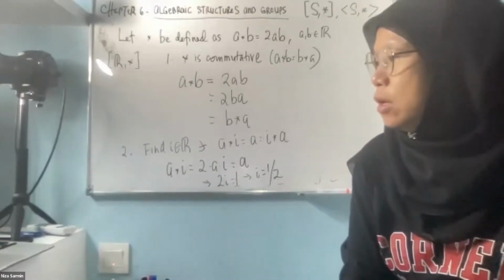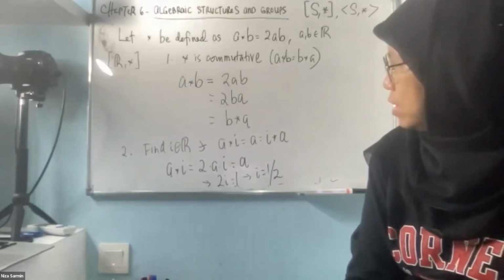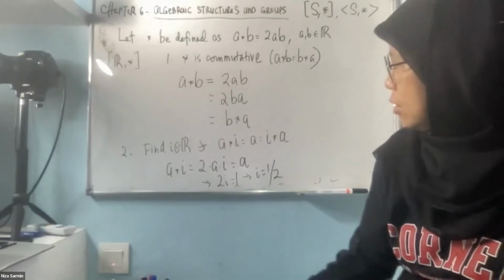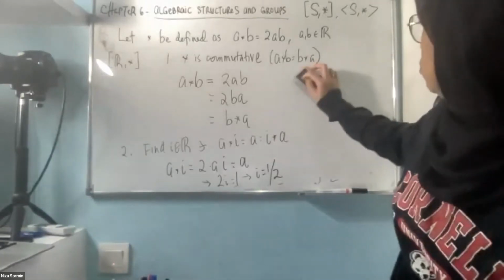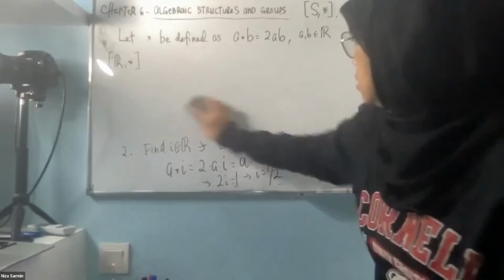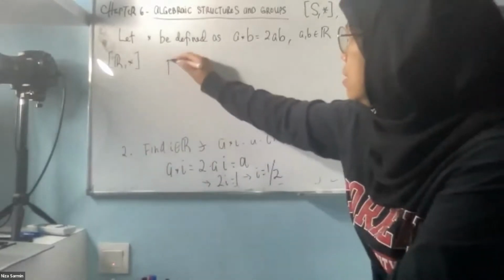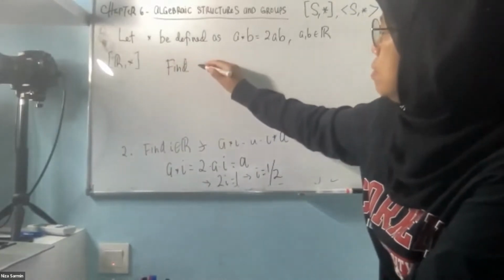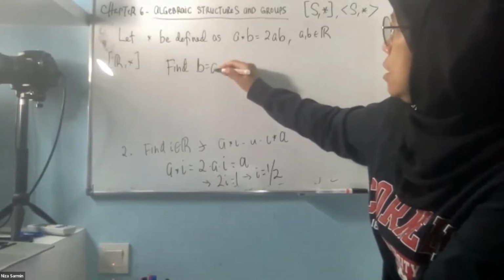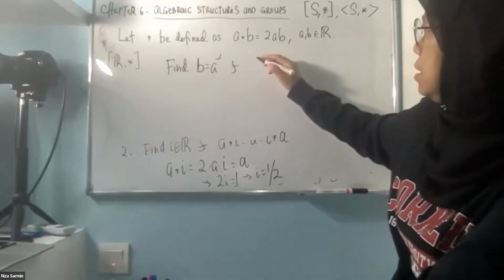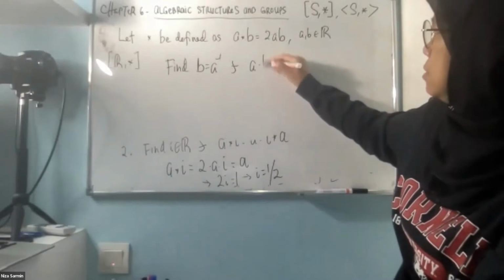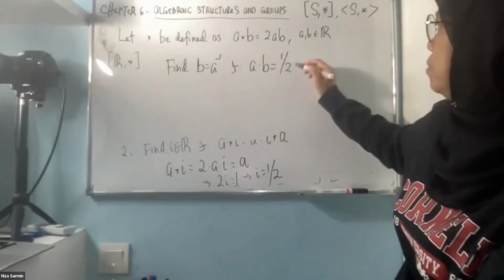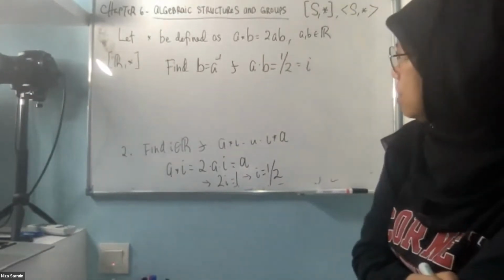So, okay, next you have to find the inverse. Find B, which is A inverse, such that A star B is a half, which is I, right?